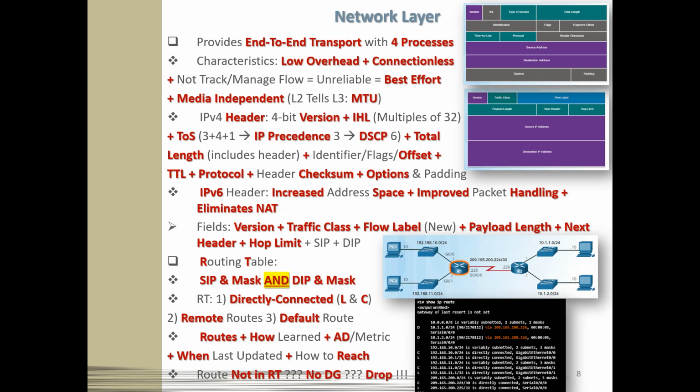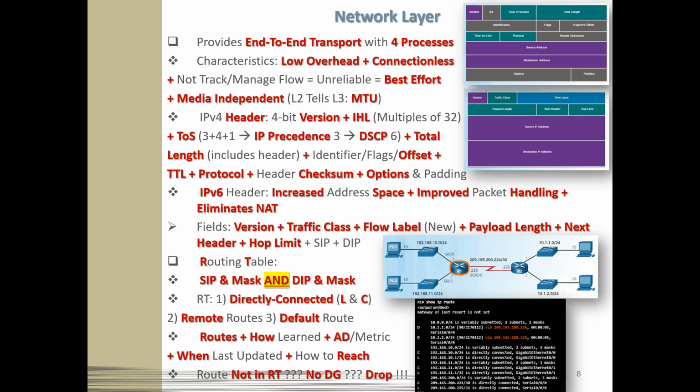Next up is the IPv6 header with 128 bits for addresses. That means we're going to have increased address space as the first feature of IPv6. Also, with fewer fields within the IPv6 header compared to IPv4, we're going to have improved packet handling because we have fewer fields to handle.